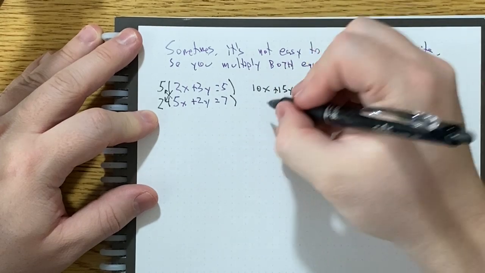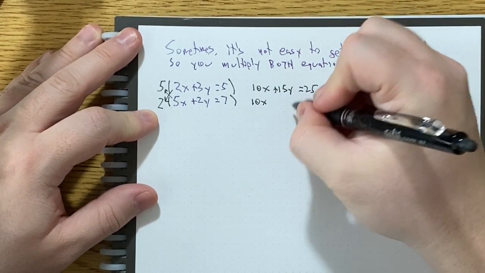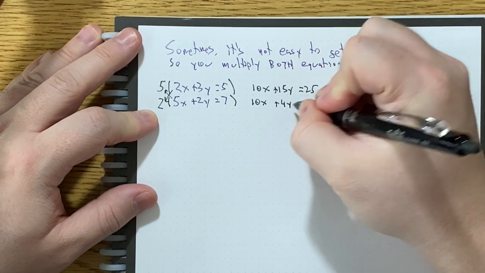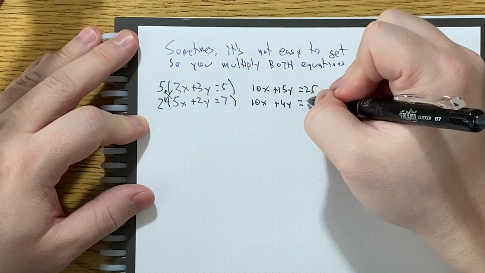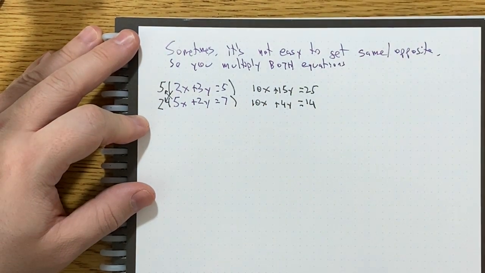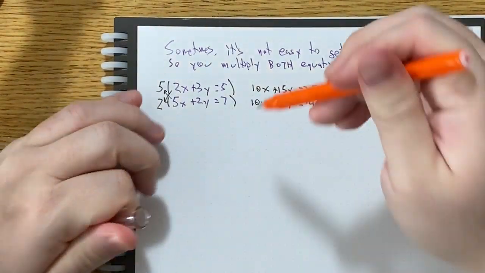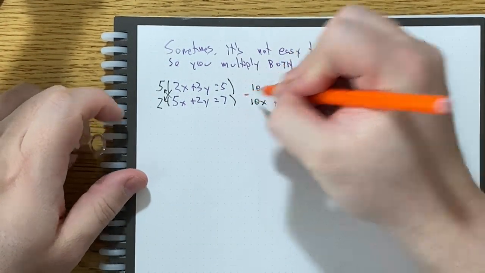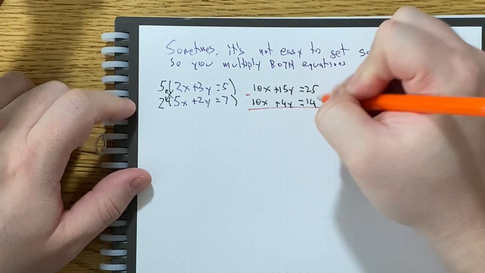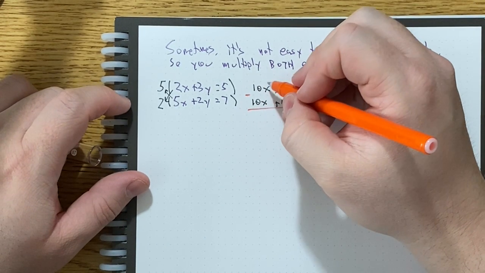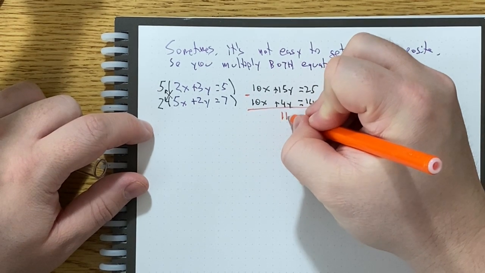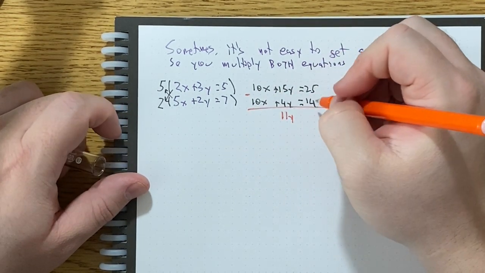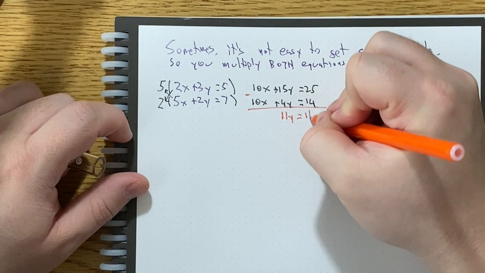And then 2 times 5x is 10x plus 4y equals 14. Now you look at those x's, 10x and 10x, they're the same, so you subtract. And this one's actually in the right order. 10x minus 10x is 0, they're gone. 15y minus 4y is 11y. And 25 minus 14 is 11.